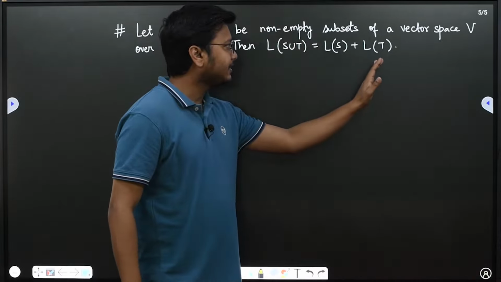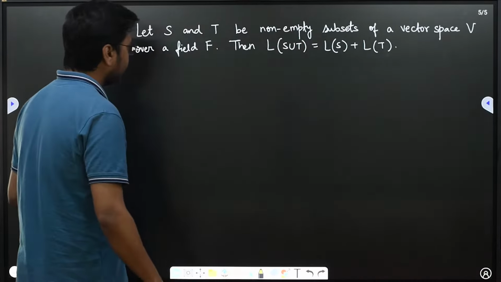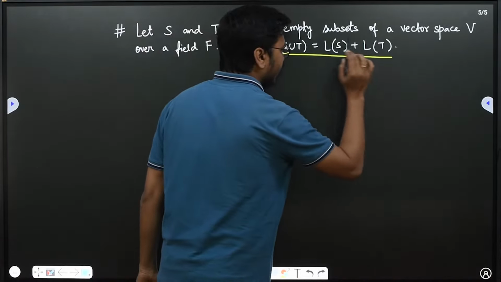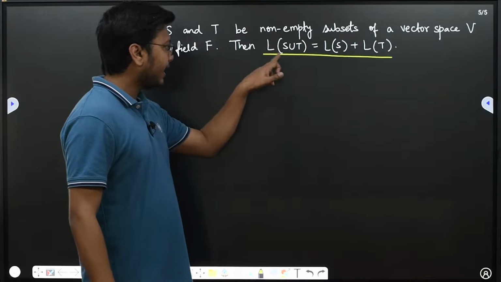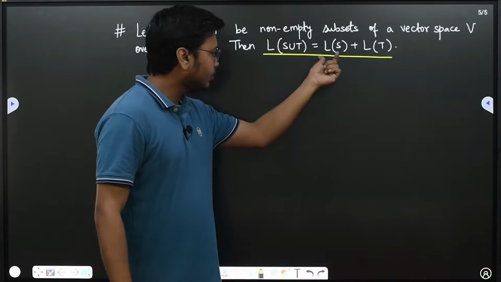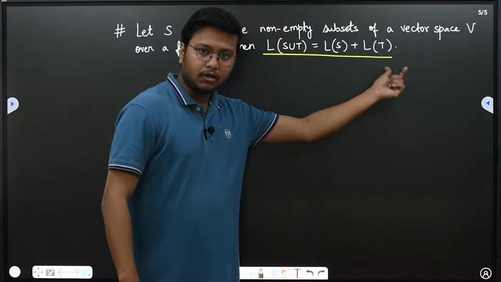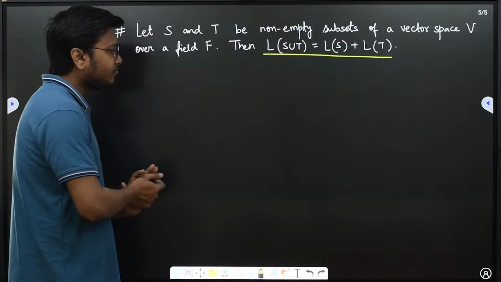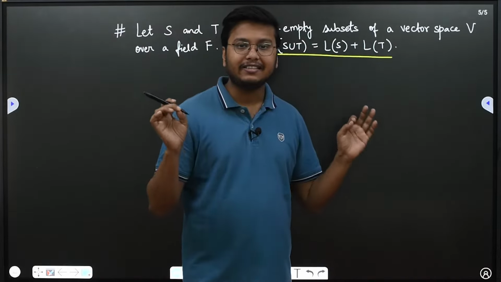In linear span, it is saying that S and T are non-empty subsets of a vector space V over a field F, then this is something that we have to prove, that L(S union T) is equal to the linear sum of L(S) and L(T). Now, why did I use the term linear sum?